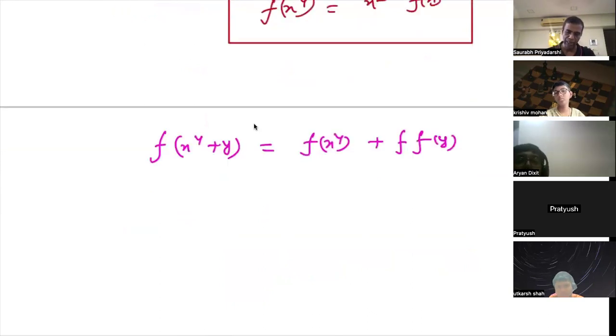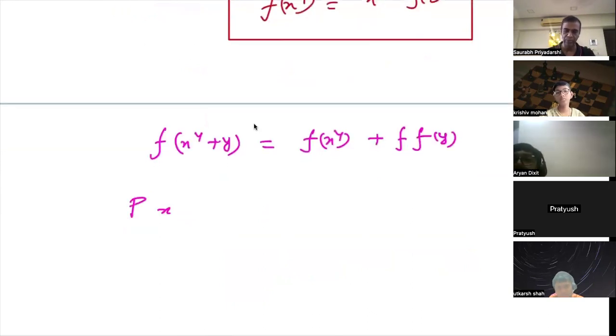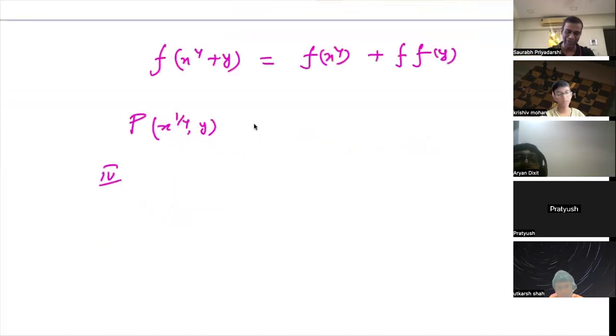But if again I put x to the power 1 by 4 and y, the fourth one I'm getting is f of x plus y is equal to f of x plus f of y.